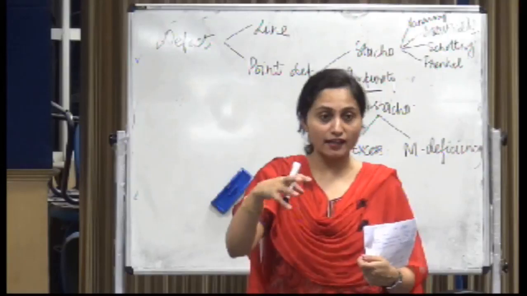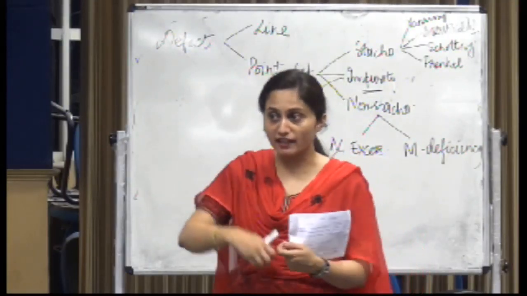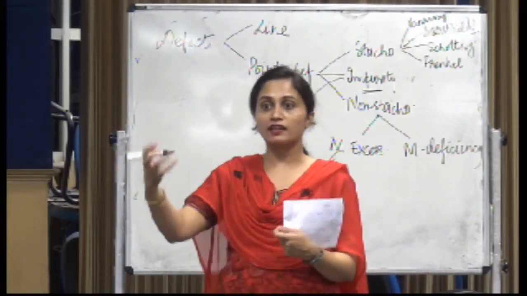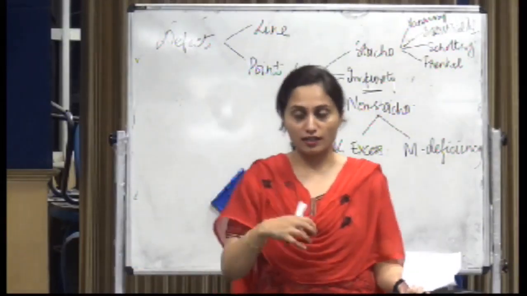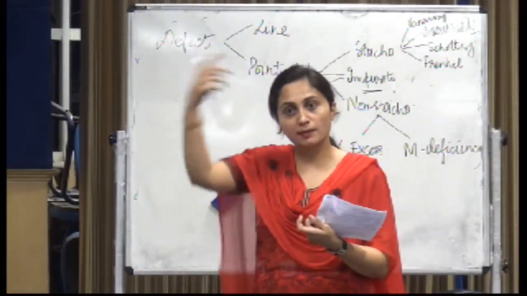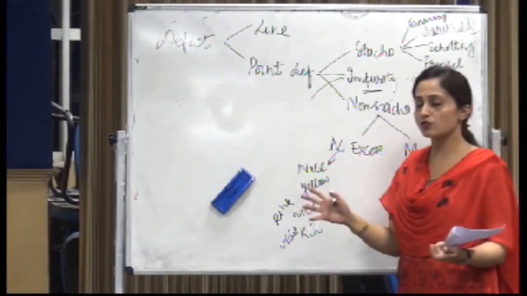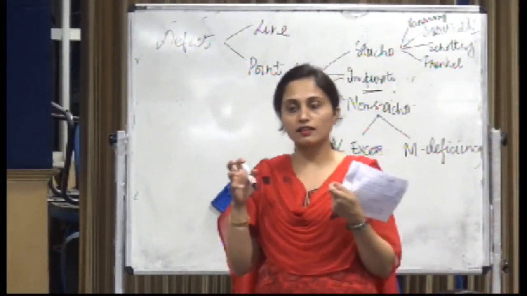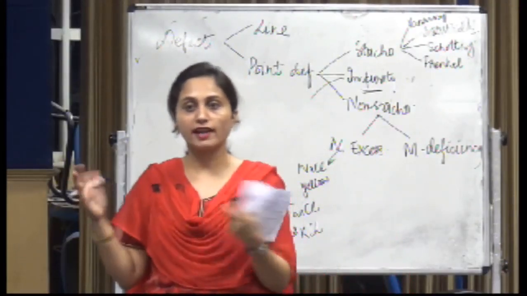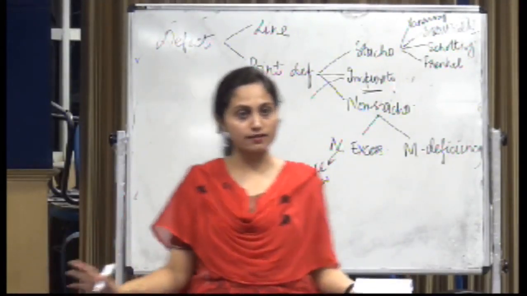The cation settles on the top and the anion leaves its position. The anion goes to the top, and in its place comes an electron, the F center. So if you get a question like the color in NaCl is yellow due to what, the answer is F center.